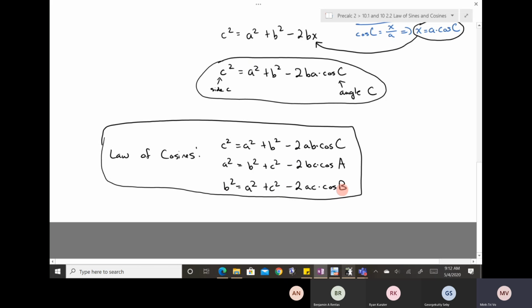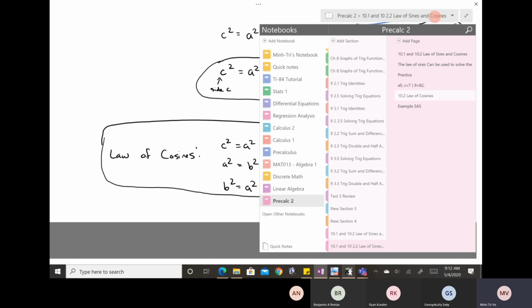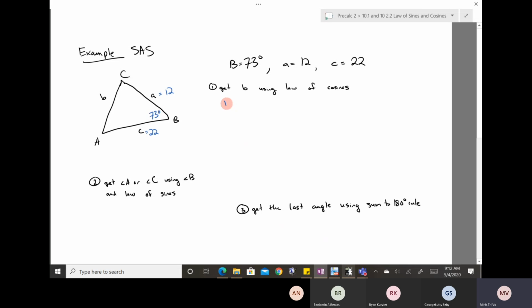This is side B, this is angle B, side A, angle A, side C, angle C. So we want to relate side B and angle B. The angle here should correspond to the side here. The other two sides are just coming from the Pythagorean theorem, and the two sides here are always the same as the two sides here.